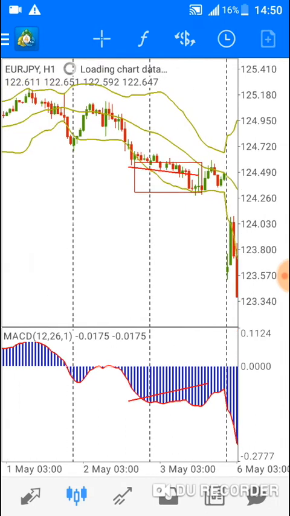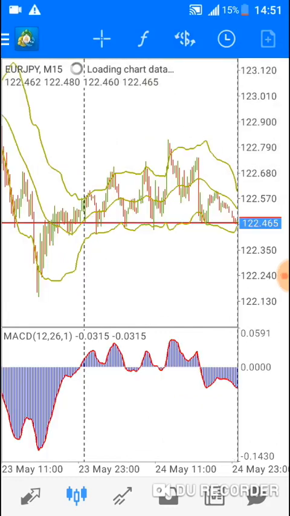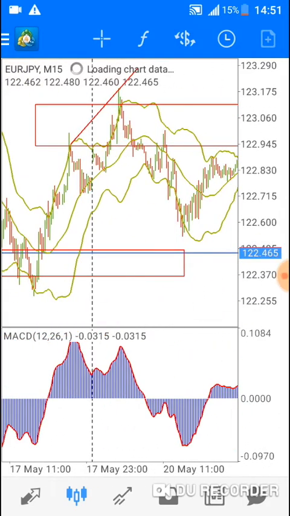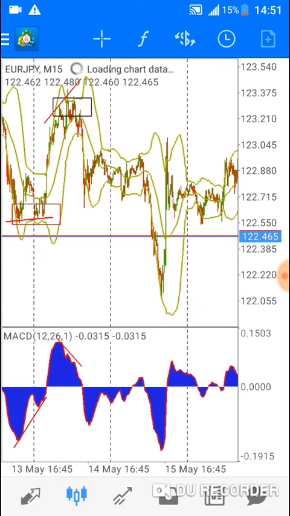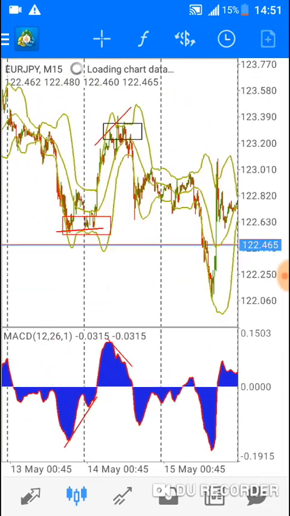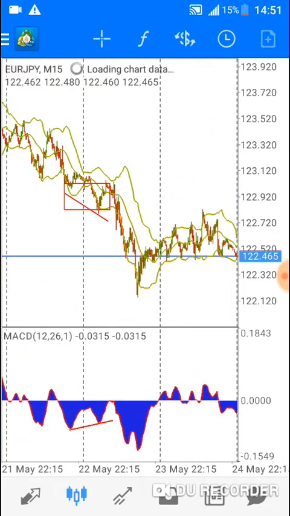So you have another setup there on 1 hour time frame. So this is how the strategy works.